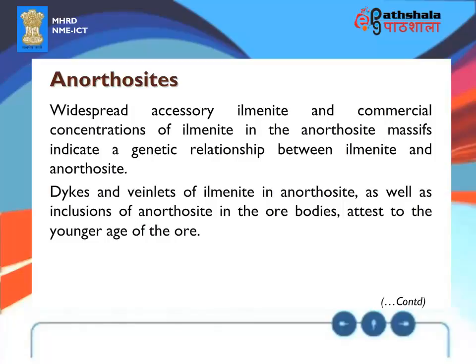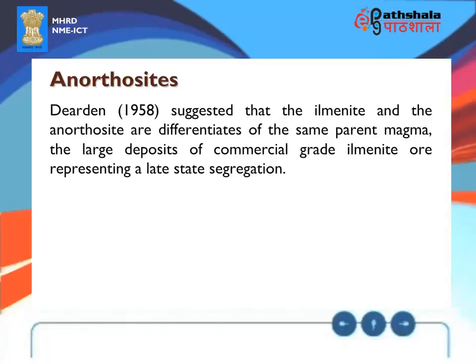Dikes and veinlets of ilmenite in anorthosite as well as inclusions of anorthosite in the ore bodies attest to the younger age of the ore. Dearden 1958 suggested that the ilmenite and the anorthosite are differentiates of the same parent magma, the larger deposits of commercial grade ilmenite ore representing a late stage segregation.